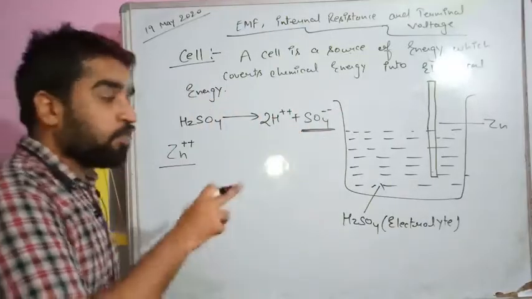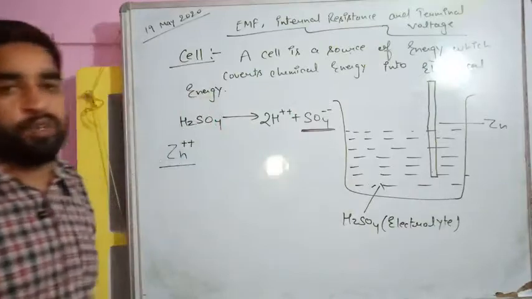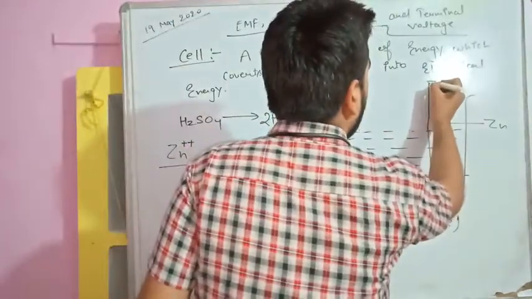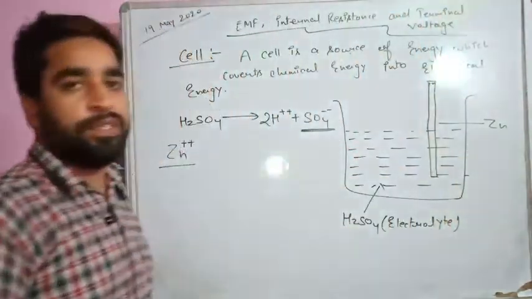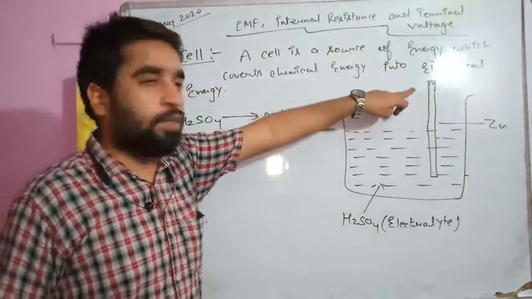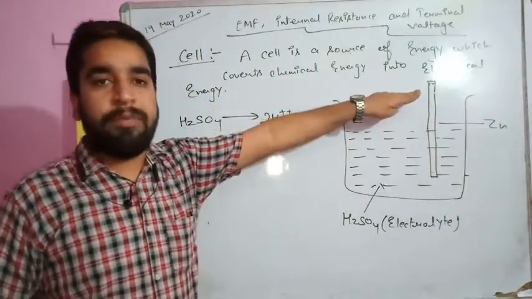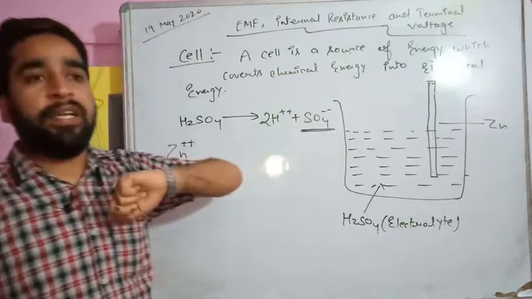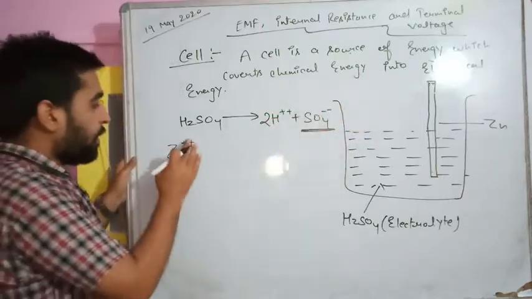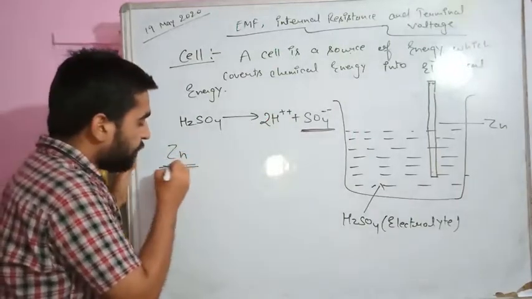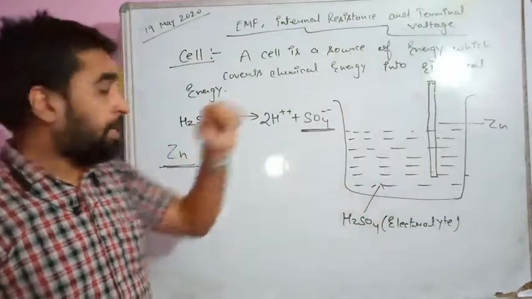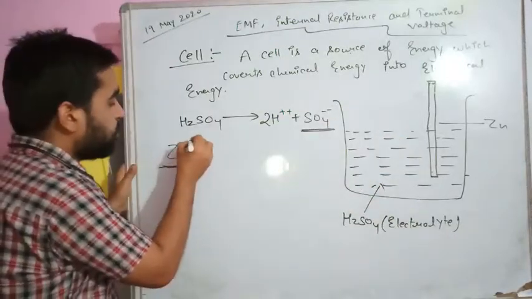So for getting the positive charge inside the electrolyte solution, it will send two of its electrons, a pair of electrons, in the upward direction. Once the pair of electrons is transferred in the upward direction, the advantage is that earlier the zinc, which had no charge inside the electrolyte solution, now has two positive charges.